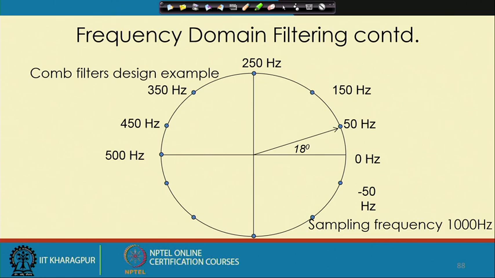So, here we show different angles, from 18 degrees, then 54 degrees, then 90 degrees, for 50 hertz, 150 hertz, 350 hertz, 450 hertz, and that way all the zeros and the corresponding conjugate pairs of the zeros are given in the pole zero diagram.